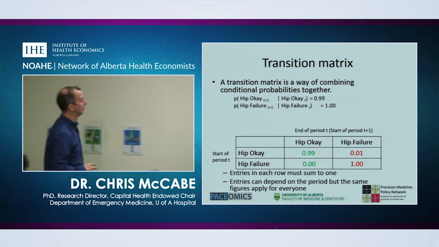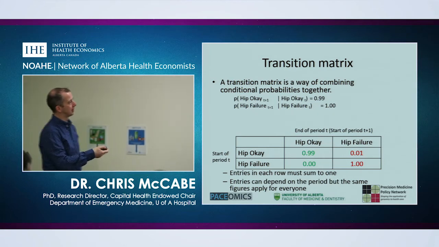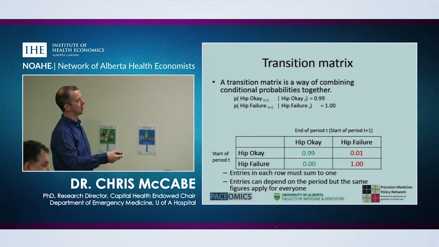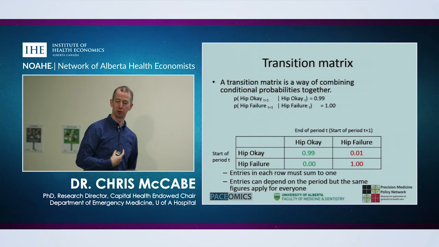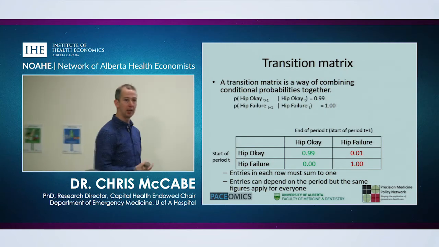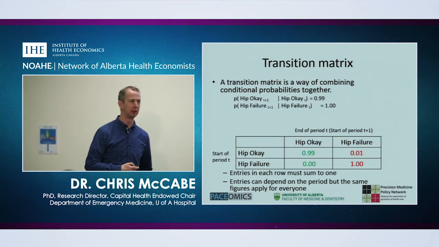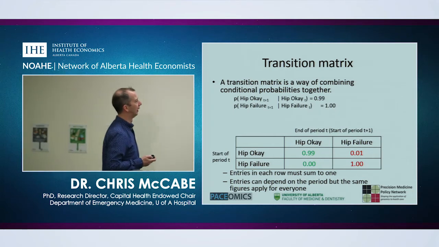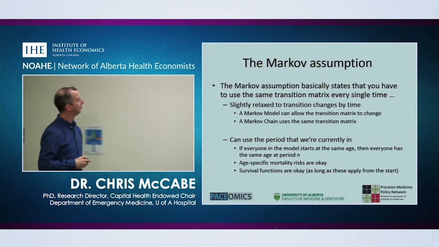And this is the engine. I've already said this, but again, all the probabilities have to sum to 1. So the sum of the rows has to be 1, otherwise you're losing some people if it's less than 1. And if it's more than 1, you're gaining some people. Neither of these things are desirable in a cost-effectiveness model. I have seen them, though.